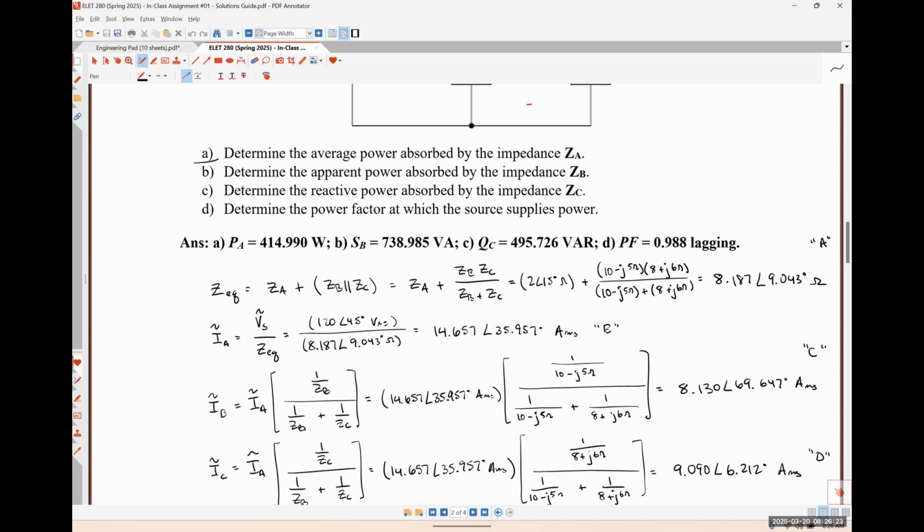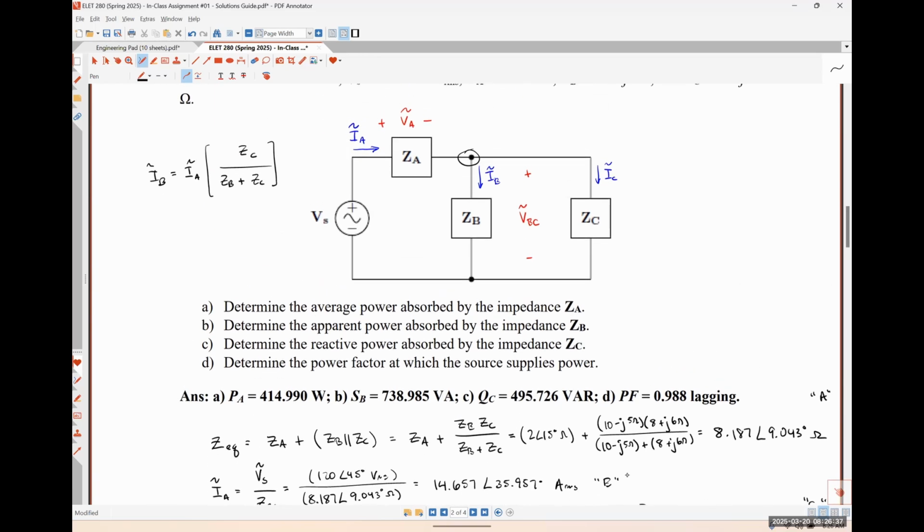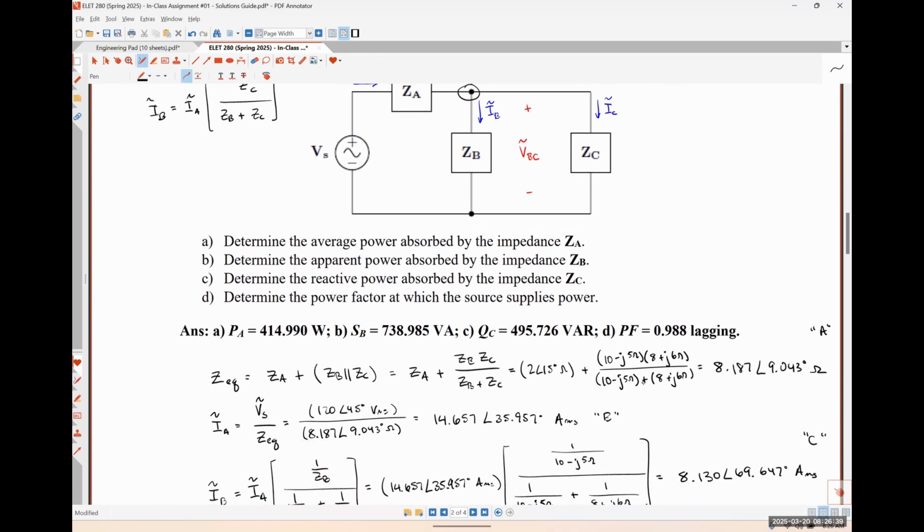So here in part A, we were asked to determine the average power absorbed by our impedance ZA. And we took the entire equivalent impedance of our network, divided our source voltage by that ZEQ in order to come up with IA.